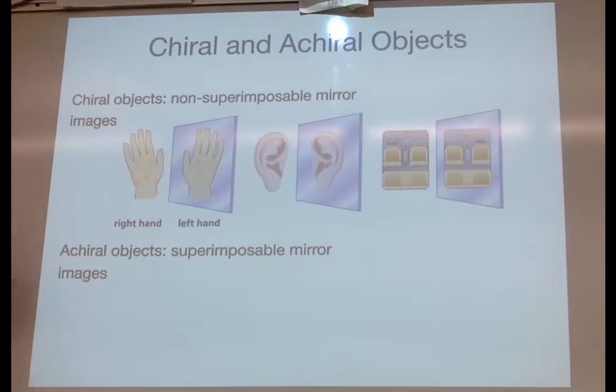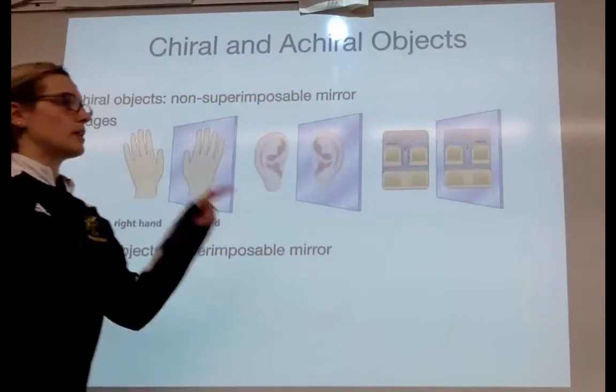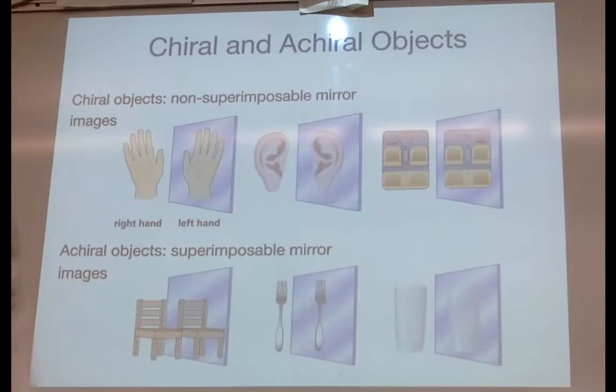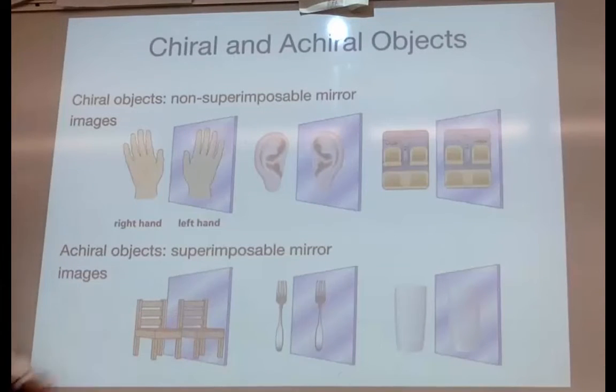Same with your ears. A car: if you look at the inside of a car, that's chiral because you have the steering wheel on one side. Achiral objects have superimposable mirror images. That means you can lay the mirror image on top of the original and it's the same. They're identical. So a chair that looks like this, I can lay the mirror image on top and it's the same.